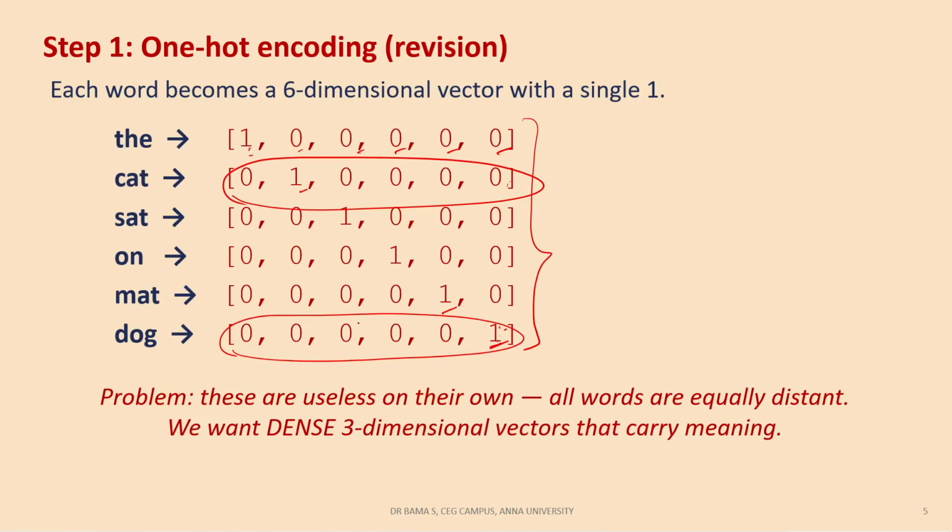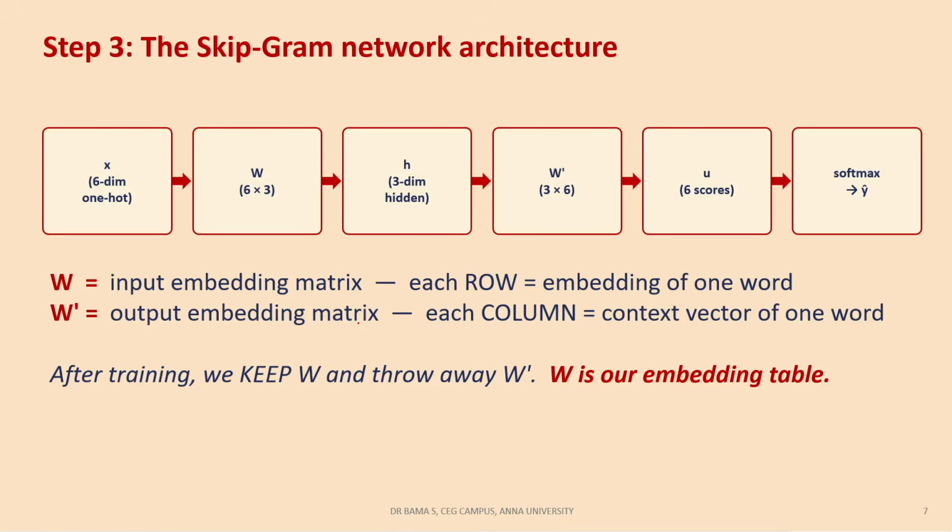So assume that there are 6 inputs, one for each word, and there are 3 neurons. So the weight at this stage is going to be 6 cross 3, 6 inputs and 3 neurons. H is the hidden values coming out of these neurons.